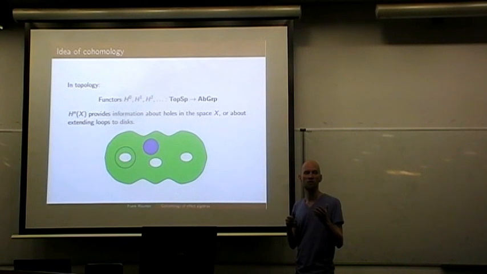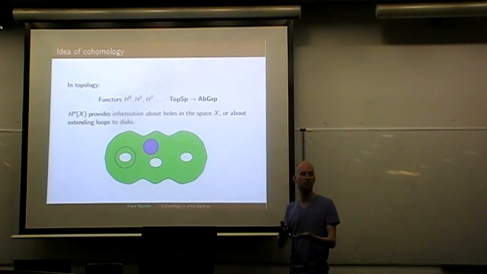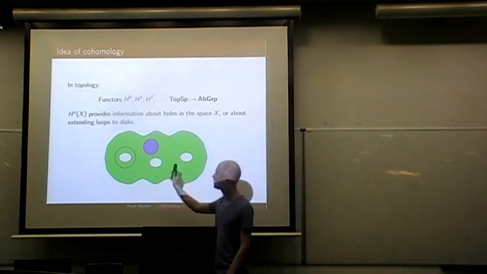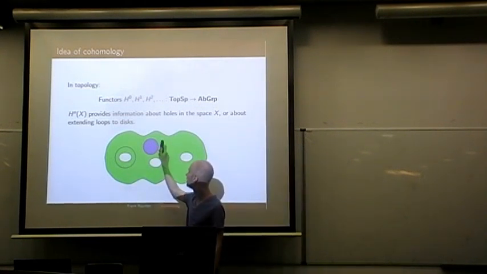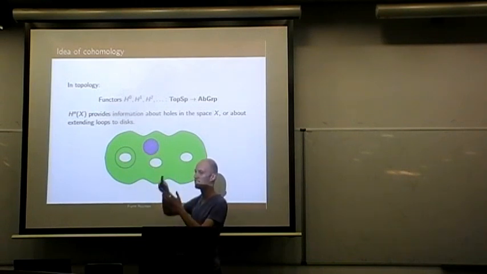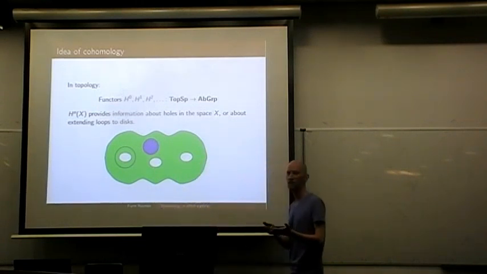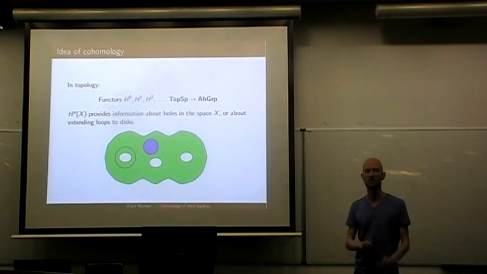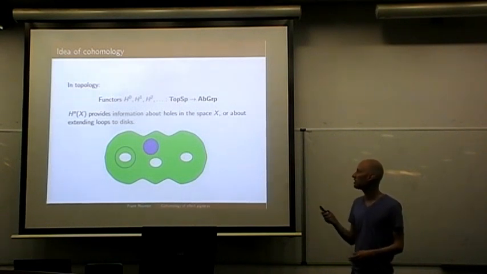The idea of cohomology is that we take a look at all the loops in the space and look at the loops that cannot be extended to a full disk, that cannot be filled. So for example, this loop would occur in cohomology, but this one would not because it can actually be filled. And in this way, the cohomology group detects holes in the space. So sometimes it's about extensions.